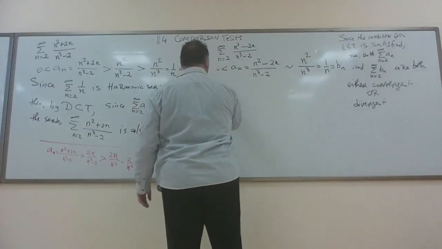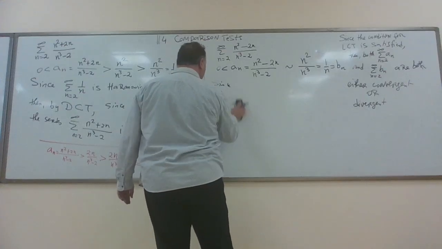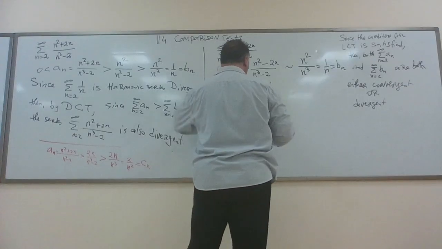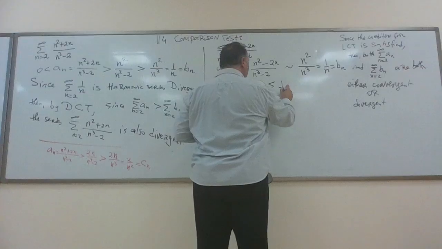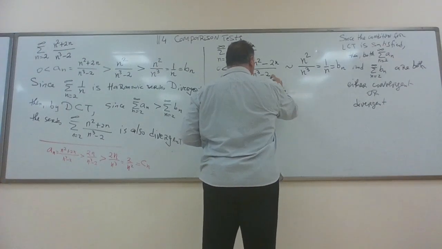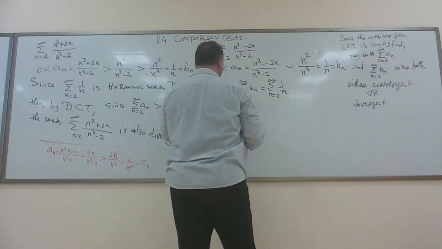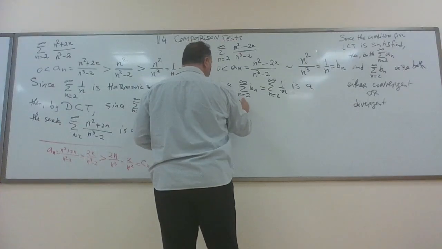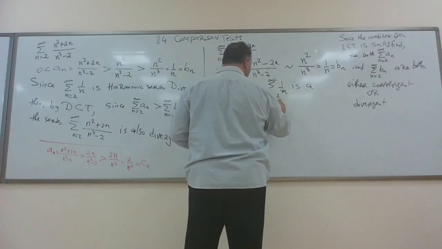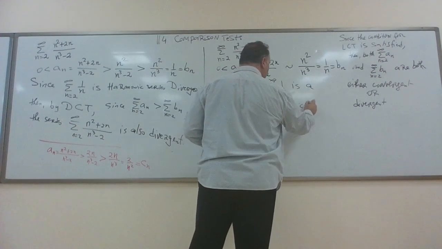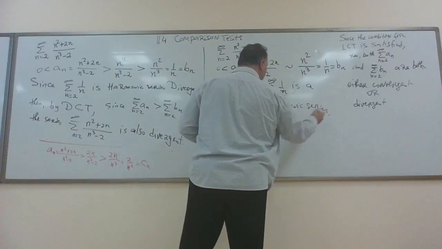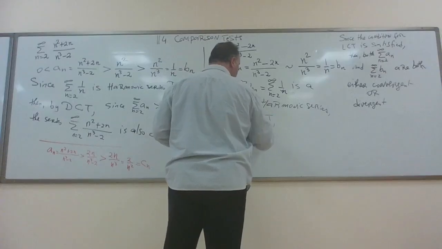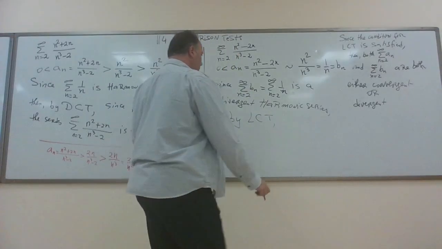Since the series bn is actually 1 over n, which is a divergent harmonic series, then by the limit comparison test, our original series is also divergent.